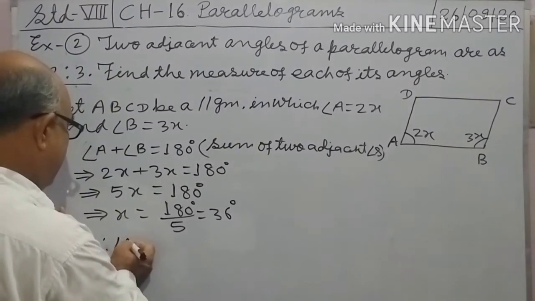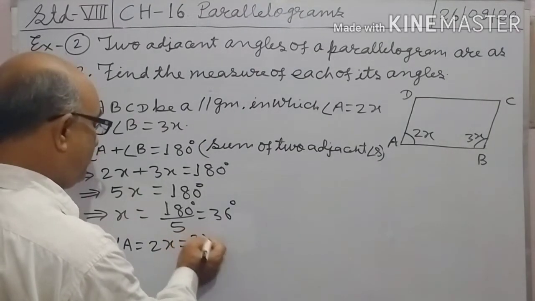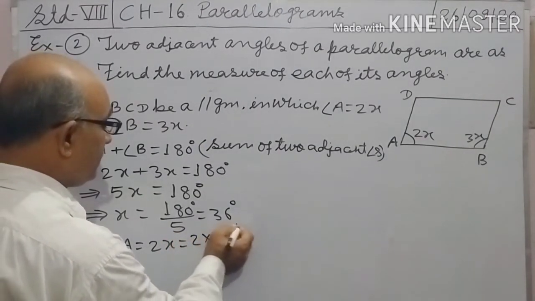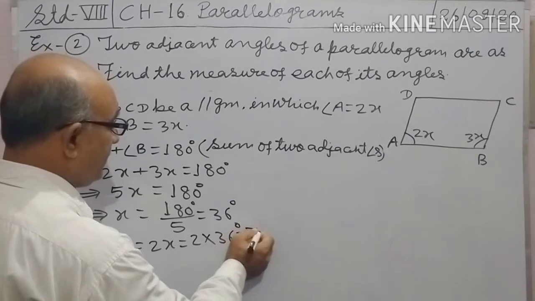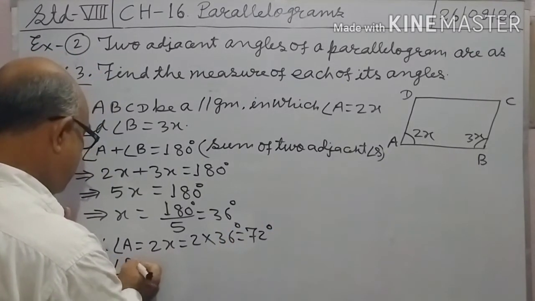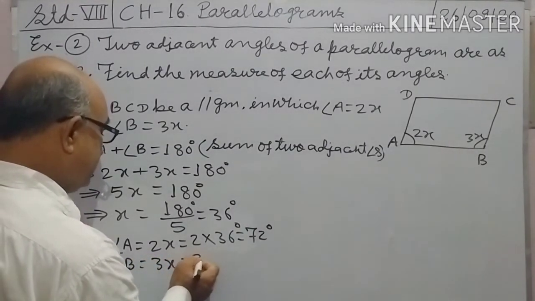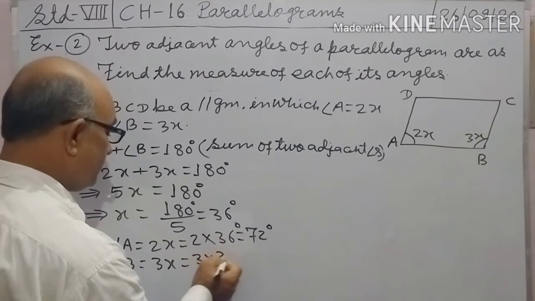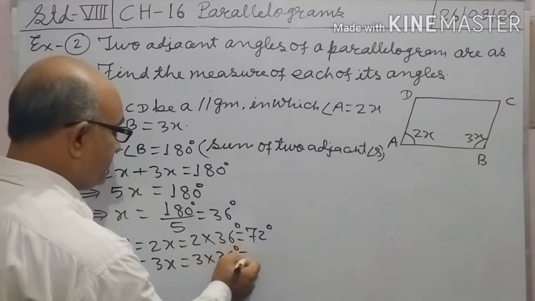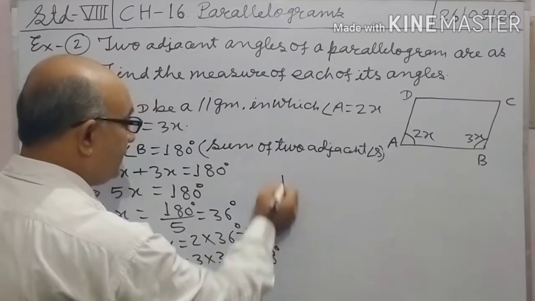Therefore angle A equal to 2x equal to 2 into 36 degree equal to 72 degree. Angle B equal to 3x equal to 3 into 36 degree equal to 108 degree.